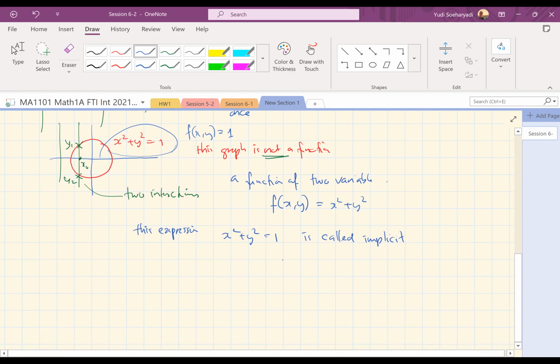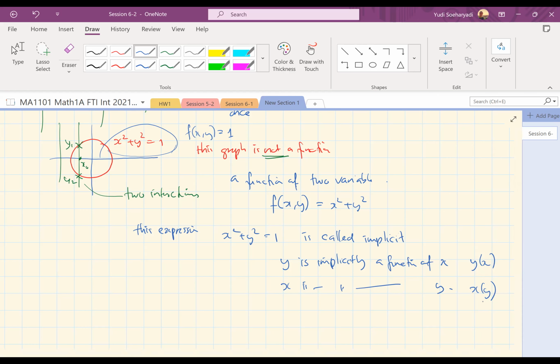Sometimes we say that y is implicitly a function of x. On the other hand, you can have also x in terms of y.